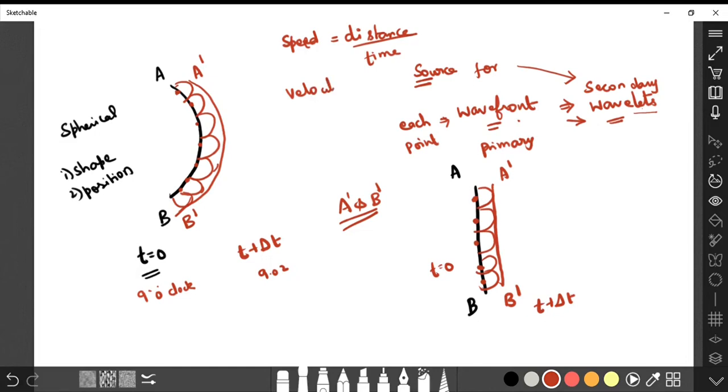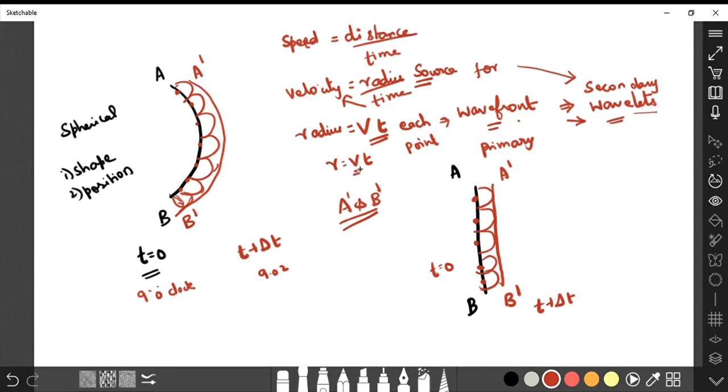Velocity equals distance, which is the radius, by time. Cross multiplying, radius r is equal to v into t, the velocity of light into time.